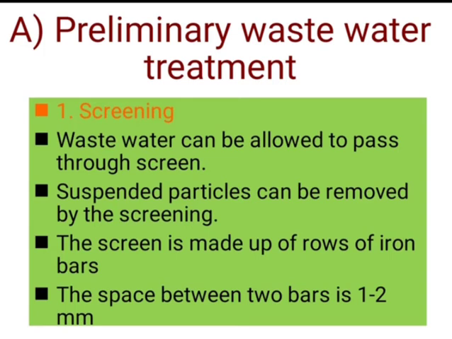Simply, as with the sieves we use at home for cooking, a sieve removes the larger size particles and smaller size particles drain through it. In this way screening is done for wastewater.